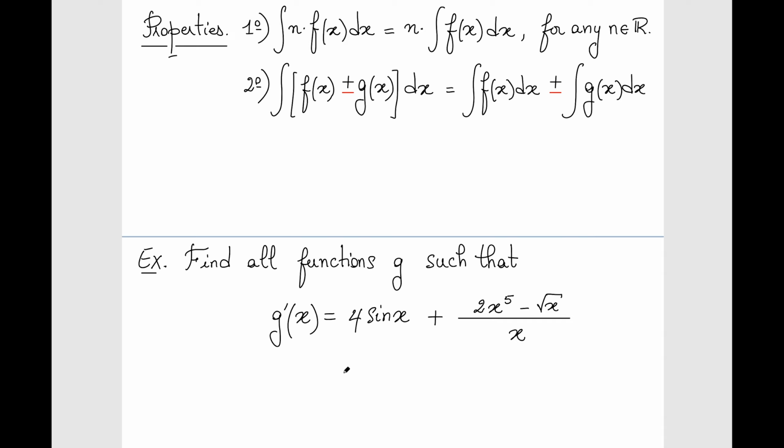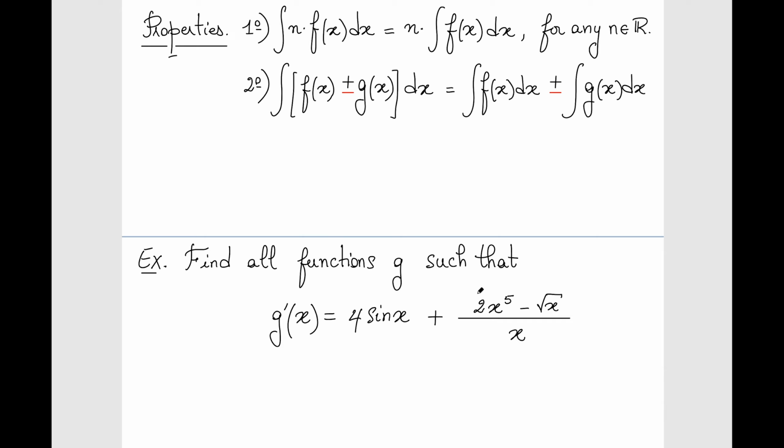A differential equation is an equation that involves the derivative or the derivatives of a function. In this case, I have a first derivative. It can involve higher order derivatives of that function g.